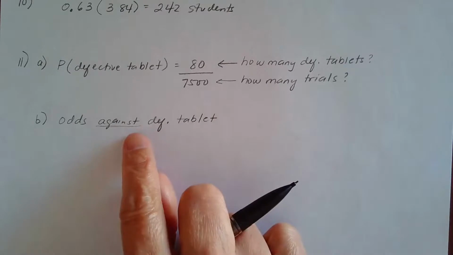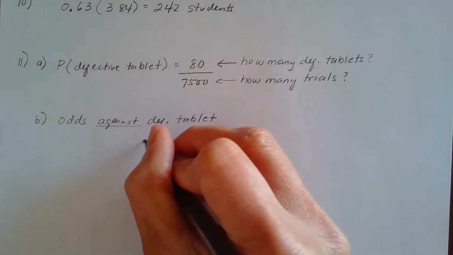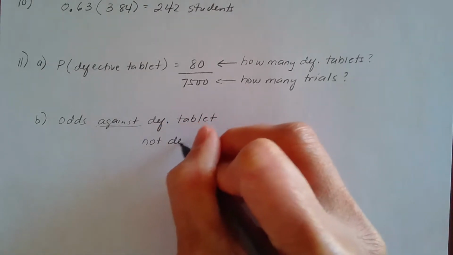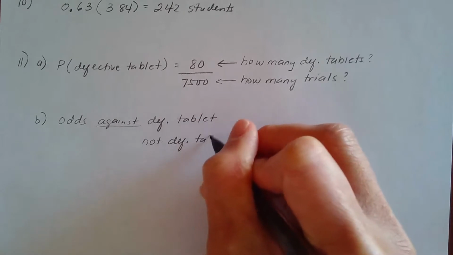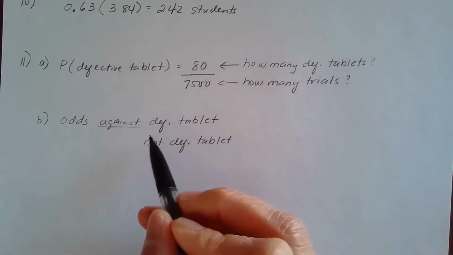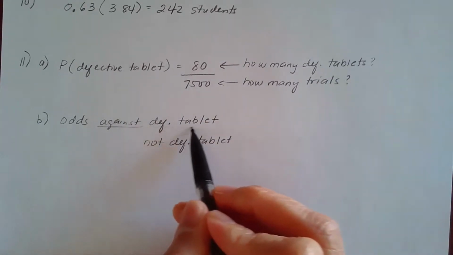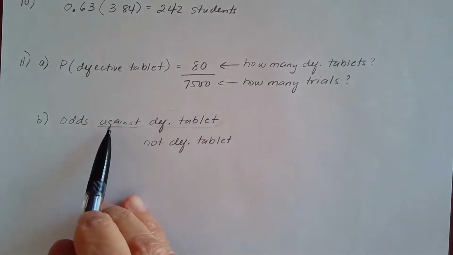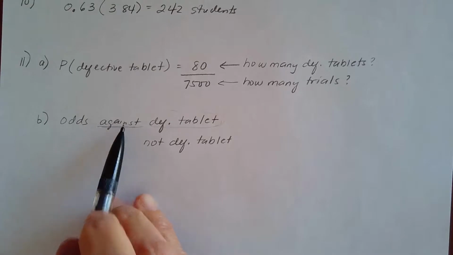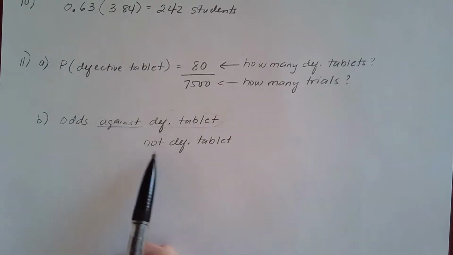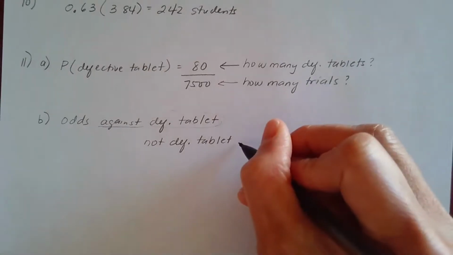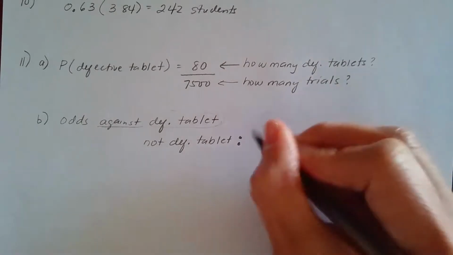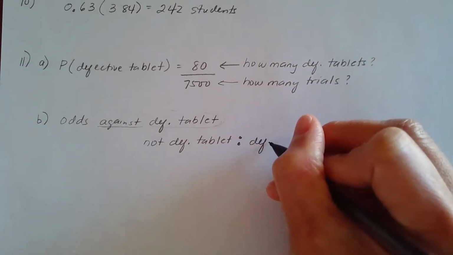I'm going to start with not defective tablet. This is the event that we're talking about, the tablet being defective. But because we're doing the odds against, we're going to do against that one. So not defective to defective tablet.